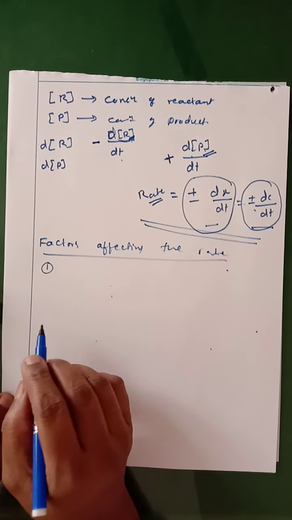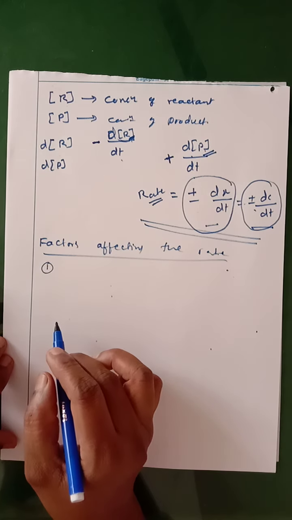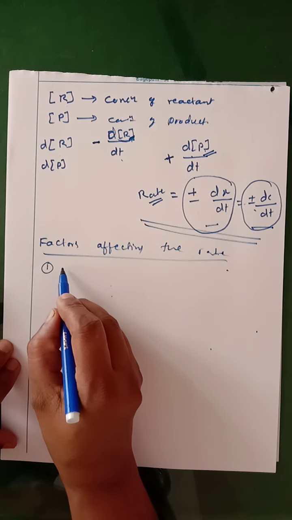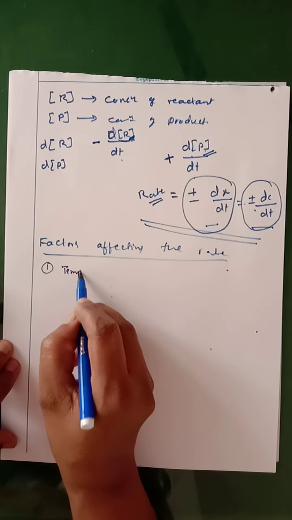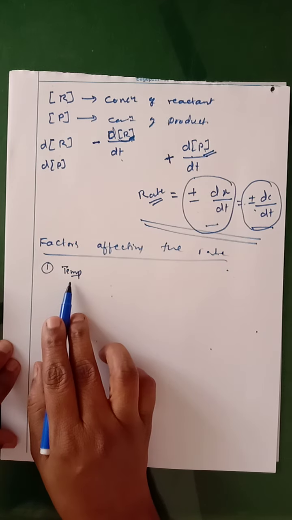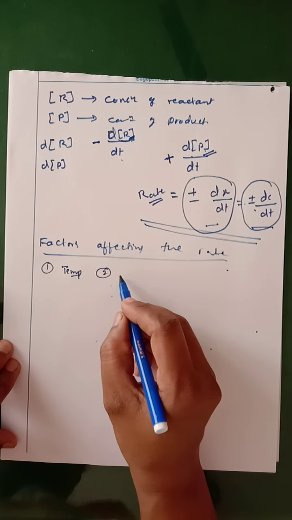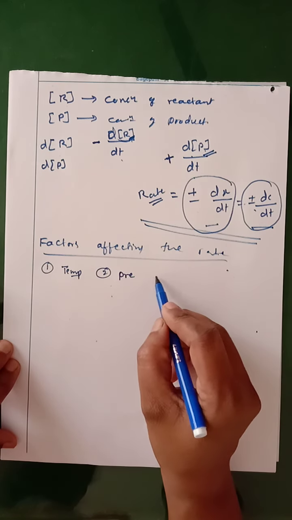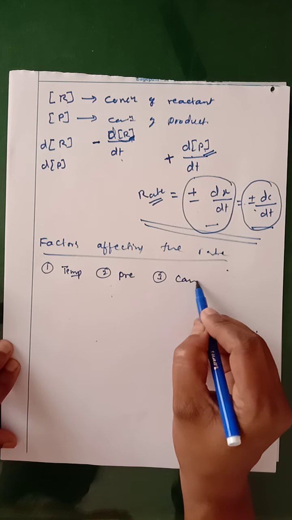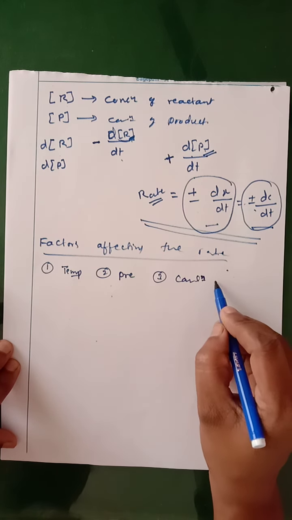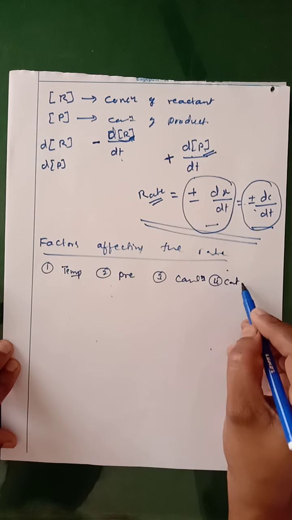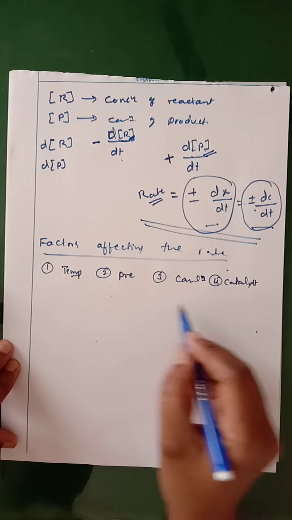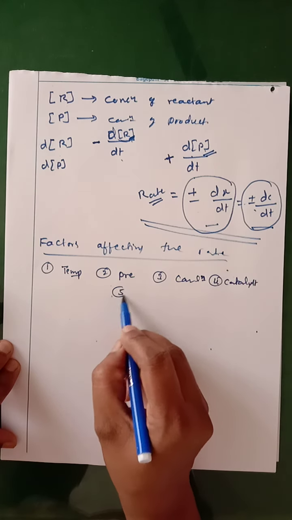Among those, we will go through some of the factors. The first one is temperature, the second one is pressure, the third one is concentration, the fourth one is catalyst, and the fifth one is light.